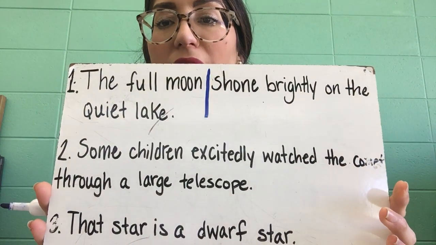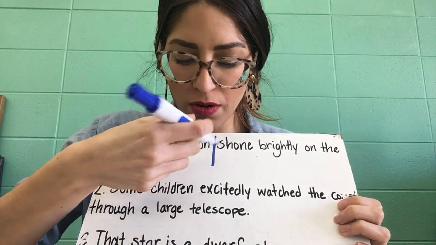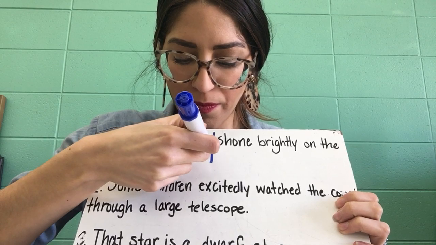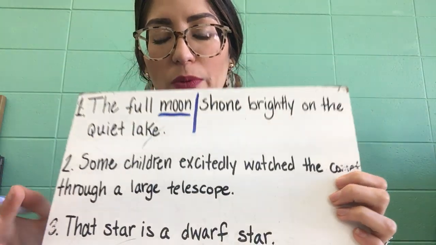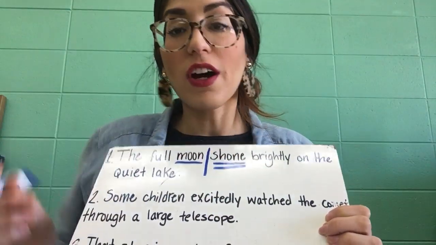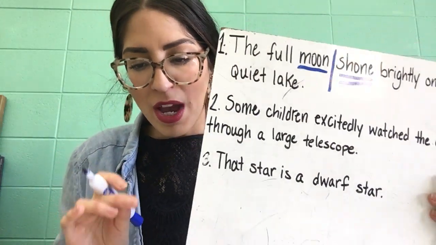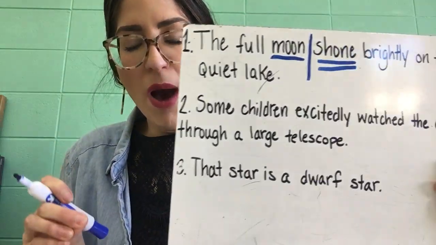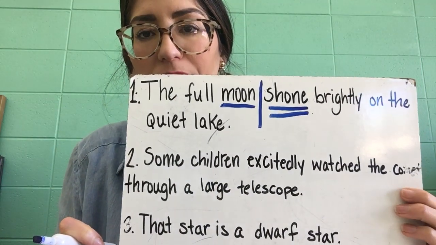Very good. Now, what is our subject? Good, moon. Underline that one time. What is our verb? That's right, shone. Good job. And that's underlining 2 times. Okay, now let's go ahead and circle our adjectives. What's our first adjective?